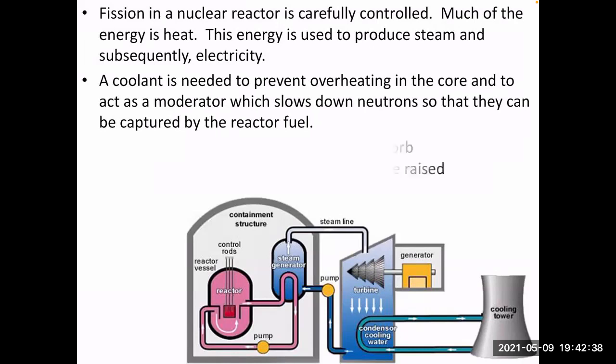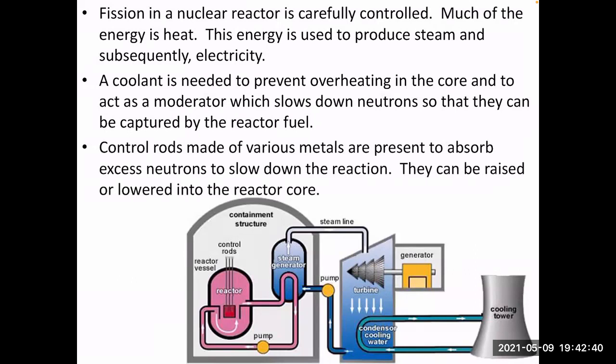Control rods are made of various metals. They are present to absorb excess neutrons and slow down the reaction. They can be raised or lowered into the reactor core. Those control rods are really important. If you need more energy, you can remove some of those control rods to have more reactions. If you need to slow down or use less energy, you put more in so that there are fewer chain reactions occurring.